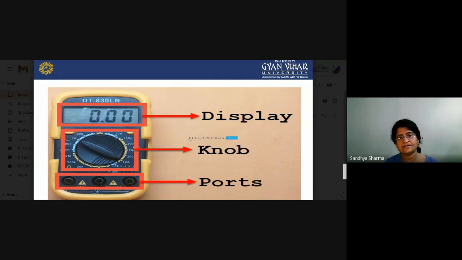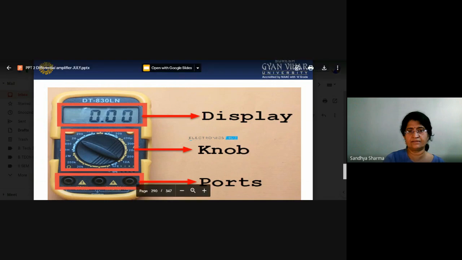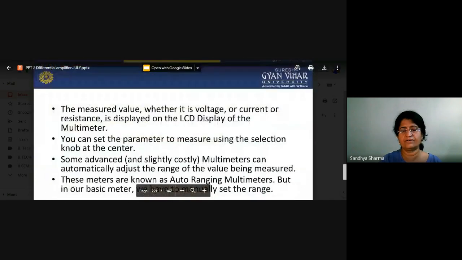After that there is a knob. That knob will be set to different values for measuring the voltage or current that you want. And the third part is the ports, that is, how many and what type of ports we are using in the multimeter.